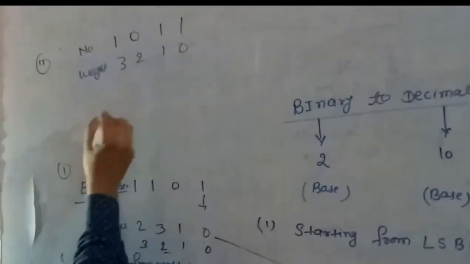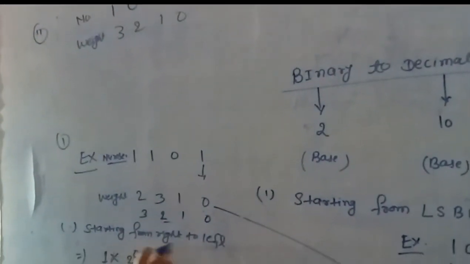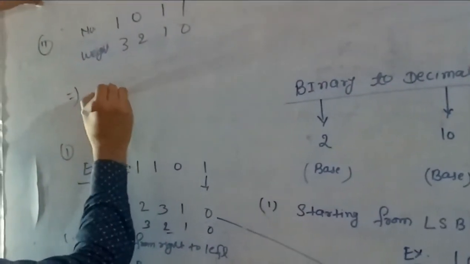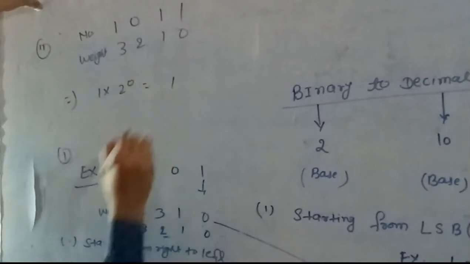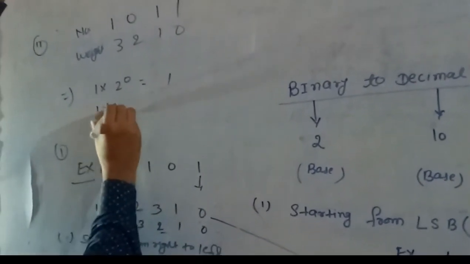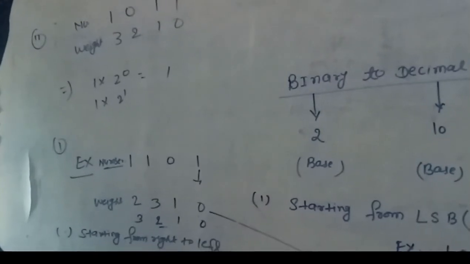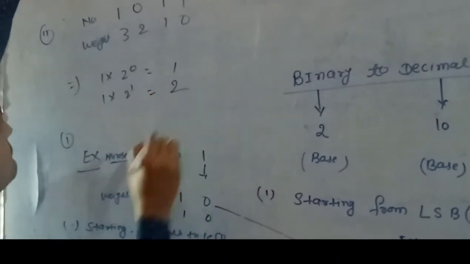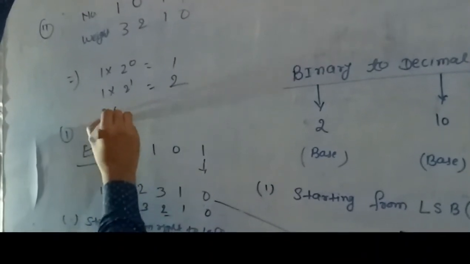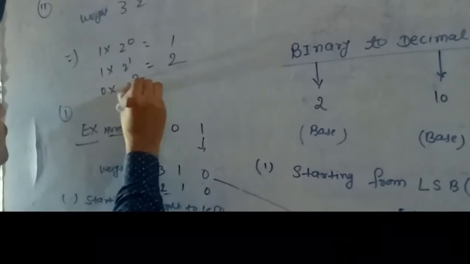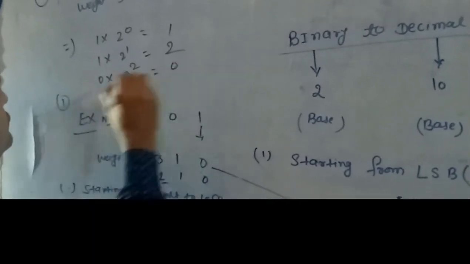Then start, right to left. 1 times 2 to the power 0, value 1. 1 times 2 to the power 1, value 2. 0 times 2 to the power 2, 0.